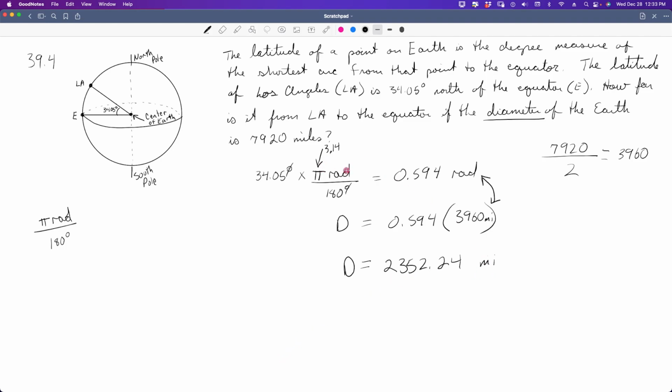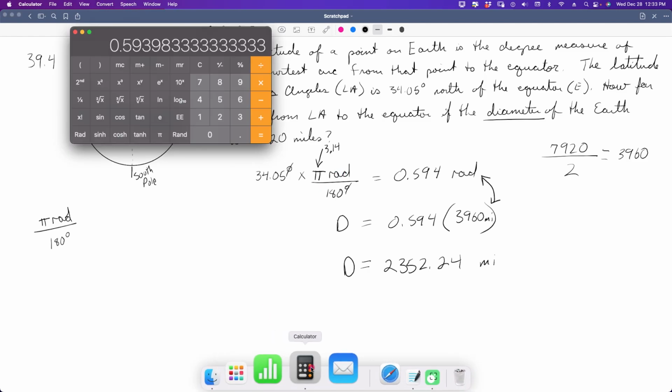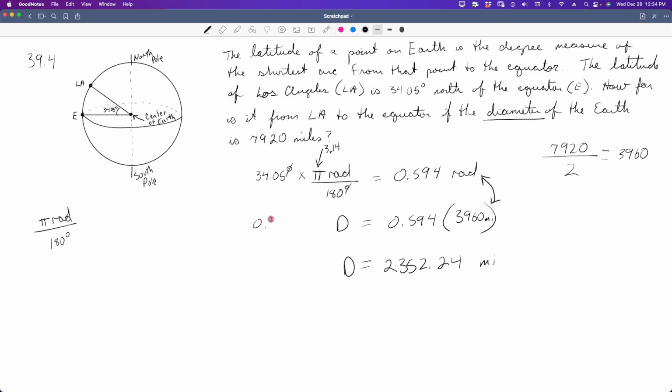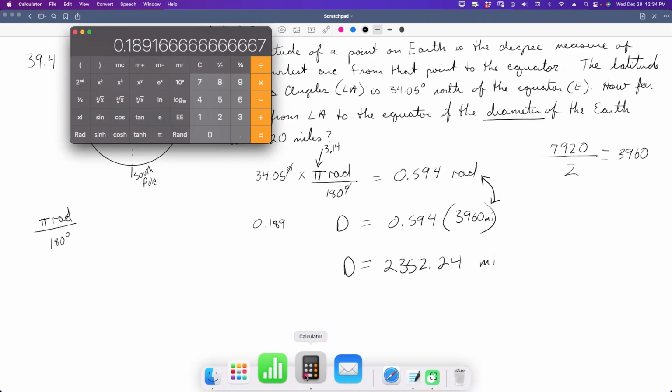If you don't sub in pi, then what happens is this. Let me show you on the calculator what that would end up being. So you would have 34.05 divided by 180. So you would have 0.19, sorry, I didn't write that right. That would be 0.1892 pi, let me look at my calculator again.